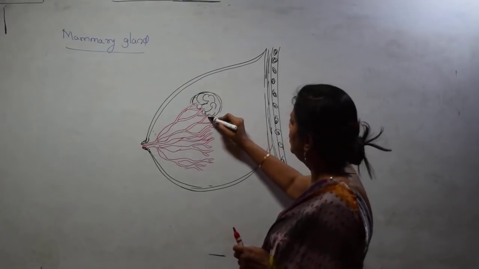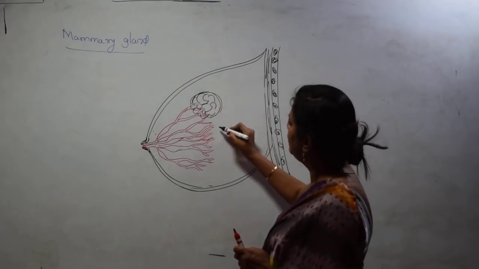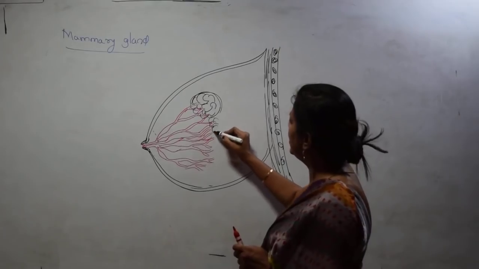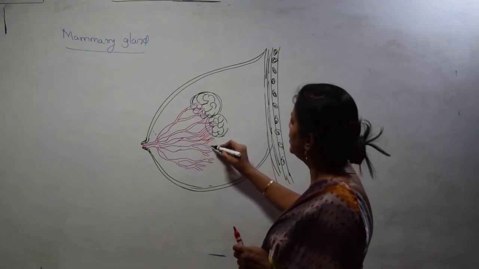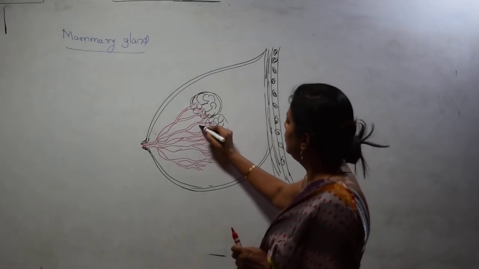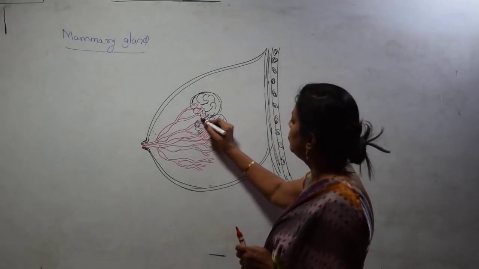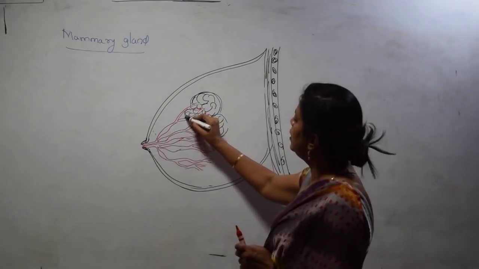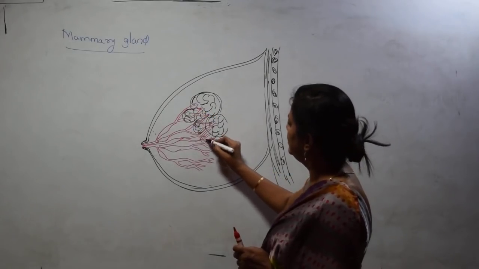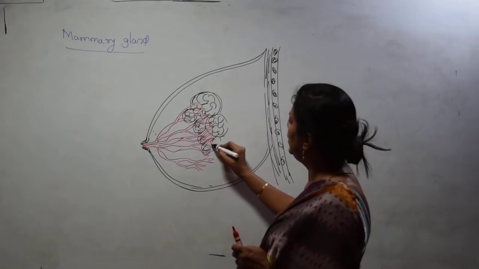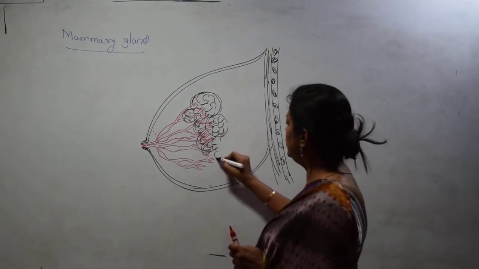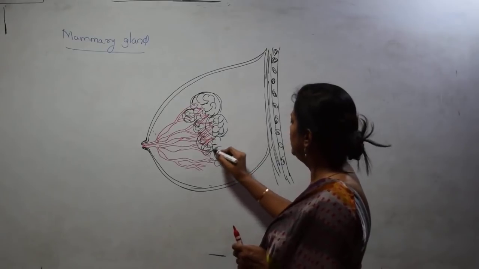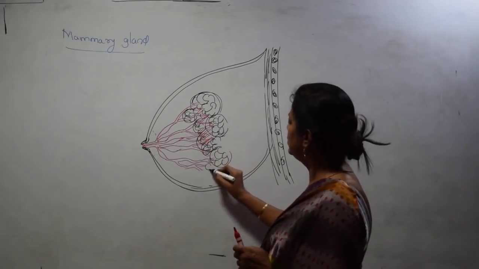This is one alveolar sac. Then another alveolar sac I am drawing here. They are all on the alveolar ducts. These are all alveolar sacs. They are producing milk; actually, they are secreting milk. These are all alveoli found in one sac.